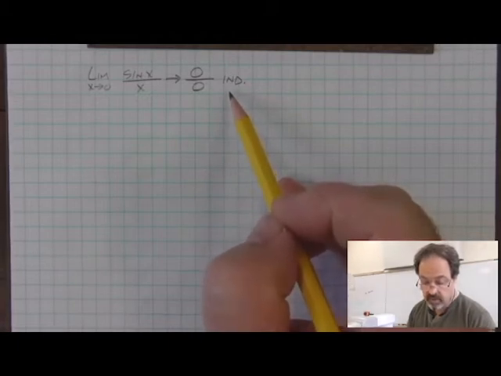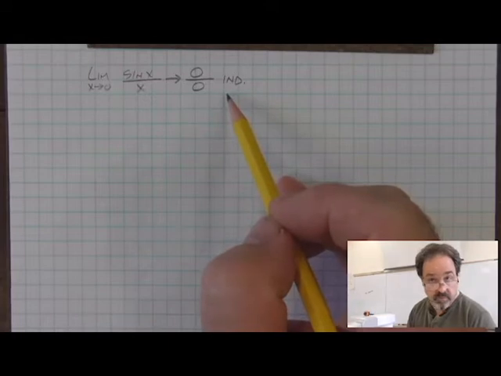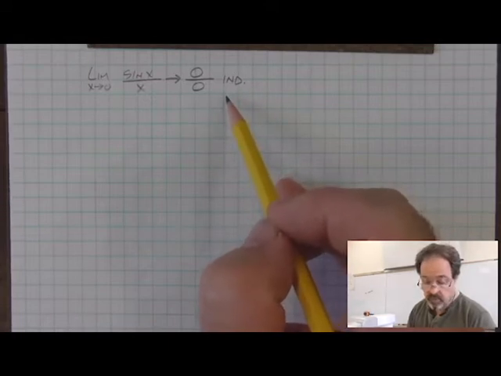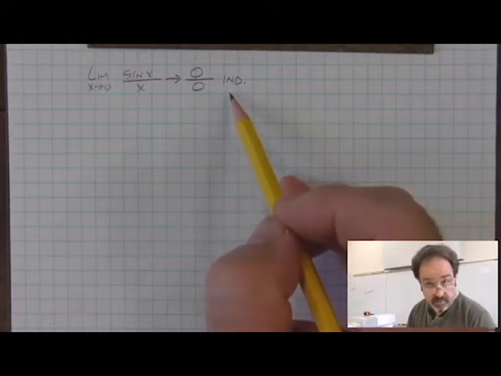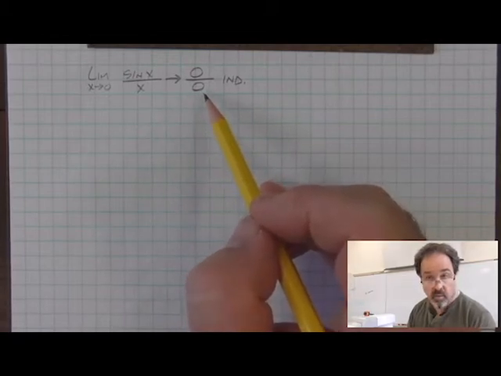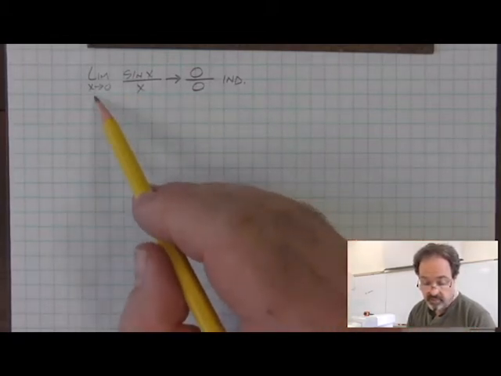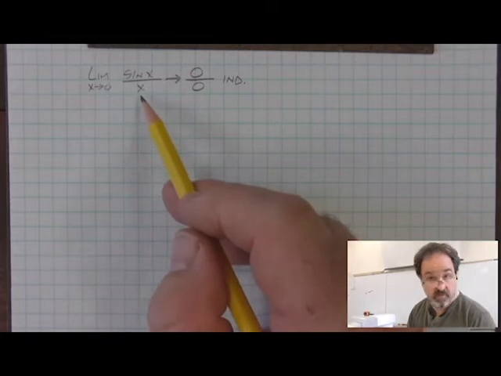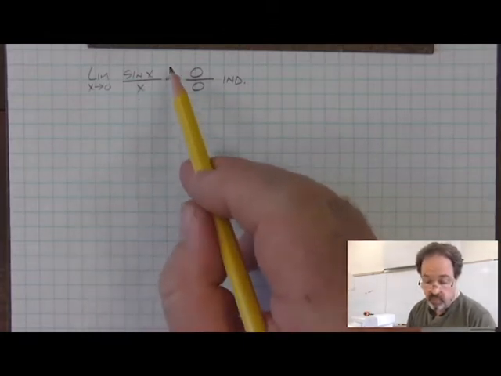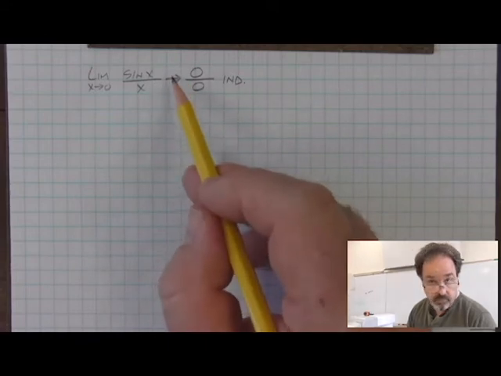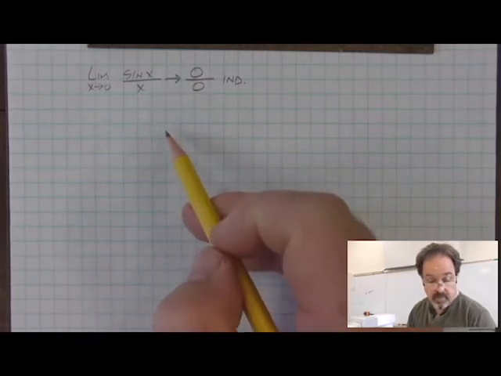We used a squeeze theorem or squeeze principle to conceptually understand what the limit must be. We know that the limit as x approaches 0 of sine x over x is 1, but we haven't formally justified or gone through a formal solution process in taking this limit.